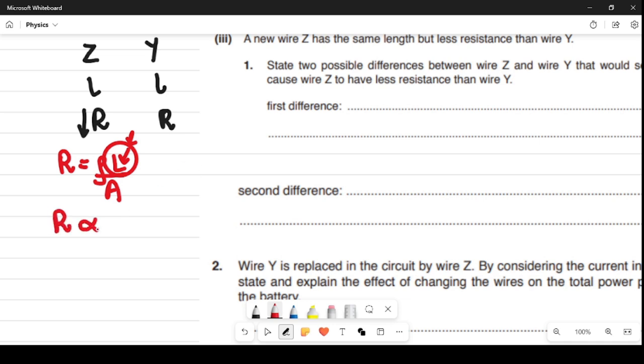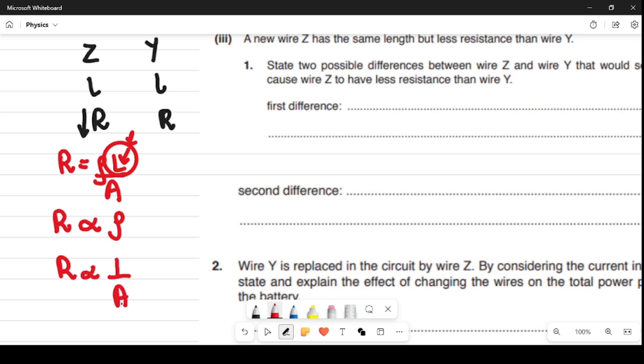Resistance is directly proportional to resistivity. If wire Z has less resistance than wire Y, therefore, because resistance and resistivity are proportional, the resistivity of wire Z will also be lower than that of Y, right? Then we also know that resistance is inversely proportional to cross-sectional area.